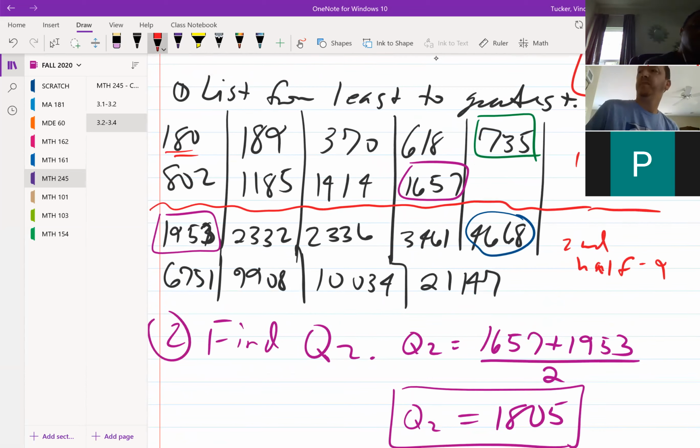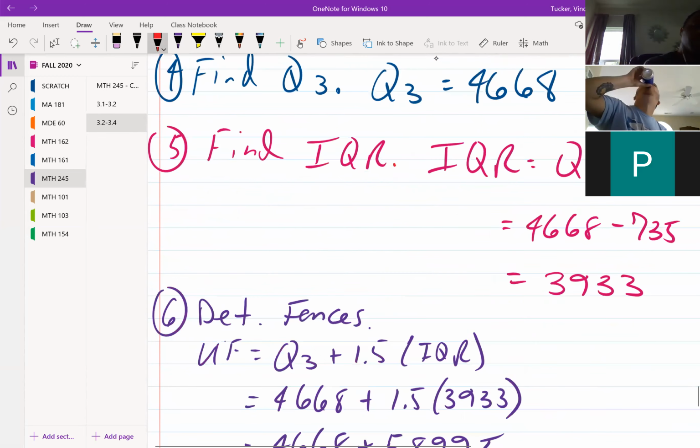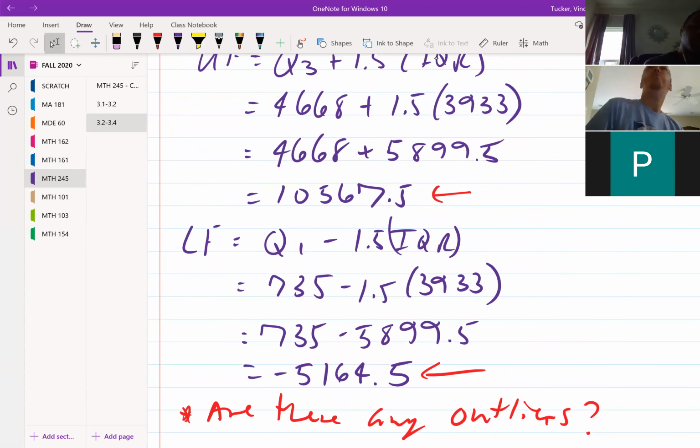But we do have this 21,147, and that 21,147 is greater than the 10,567.